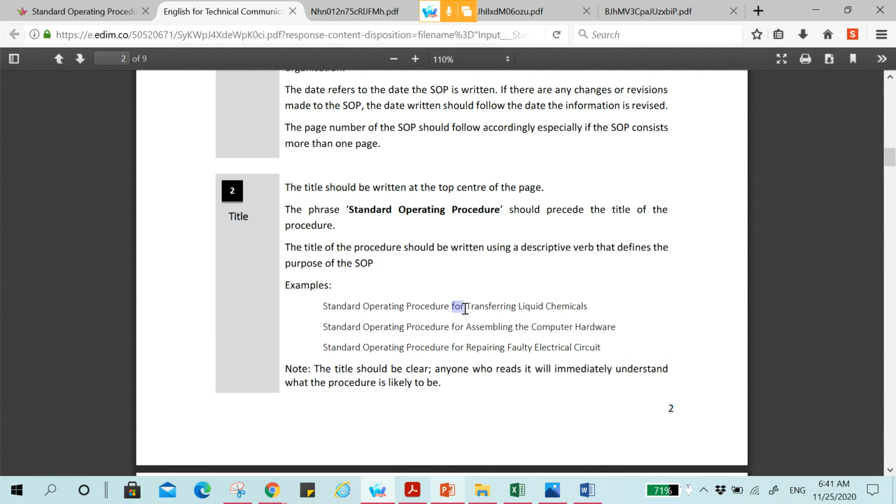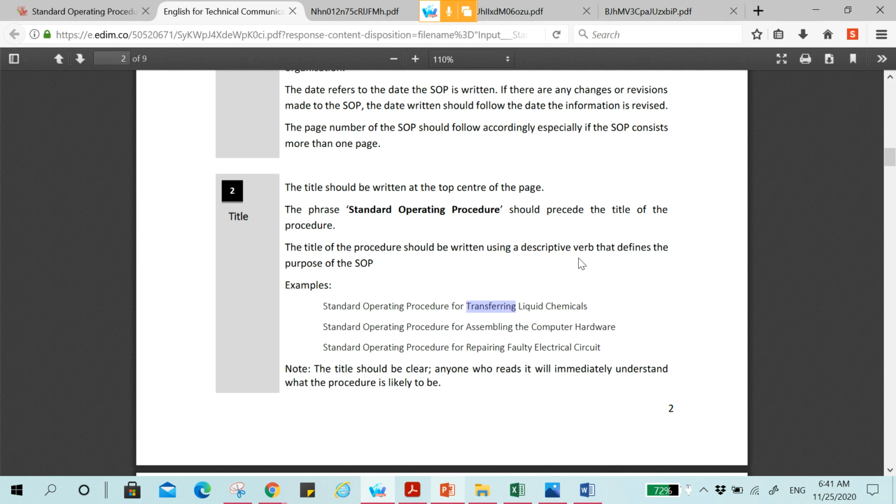Okay, now the third step is you need to write a descriptive verb with ing. For example here, the descriptive verb with ing is the word transferring. Now, what is a descriptive verb? A descriptive verb is a verb that describes the action or the process.